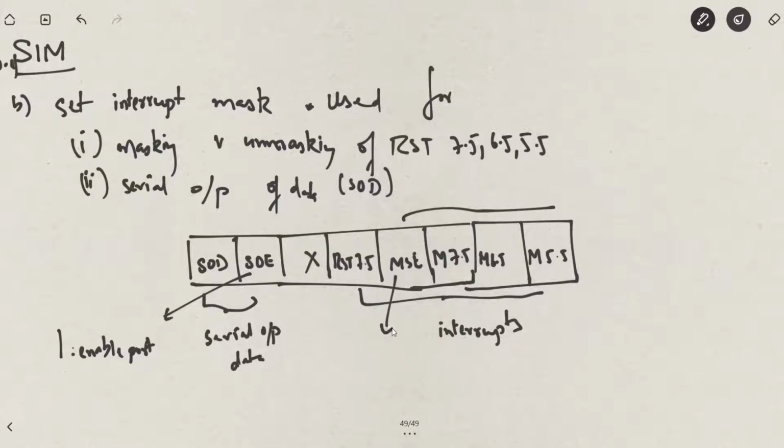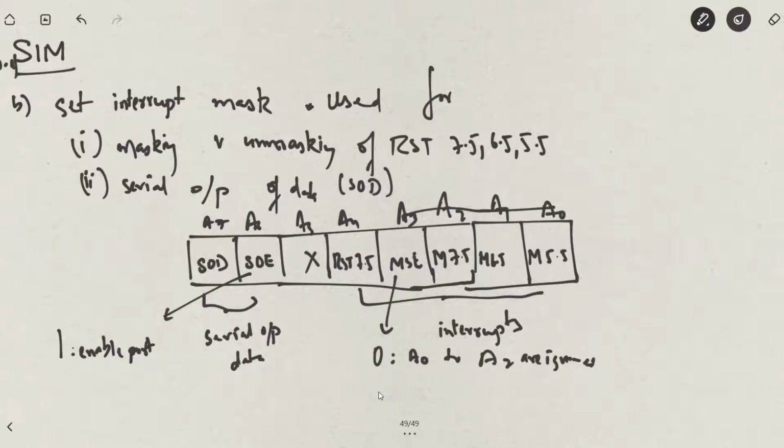If MSE is 0, all of these, M5.5, M6.5, M7.5, are ignored. This is A0, this is A1, A2, A3, A4, A5, A6, A7. So A0 to A2 are ignored.